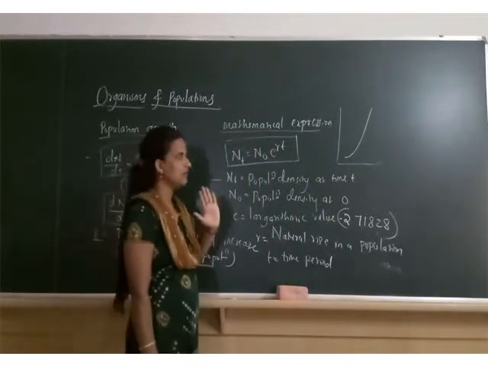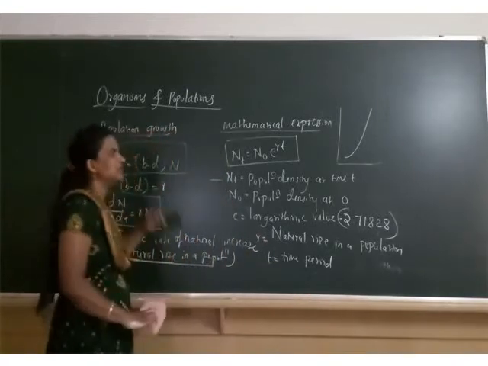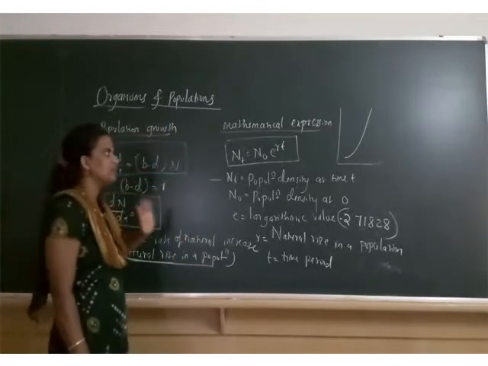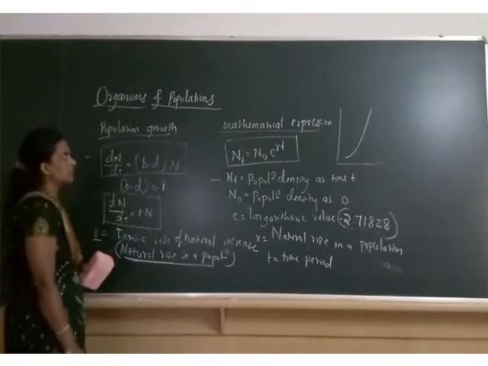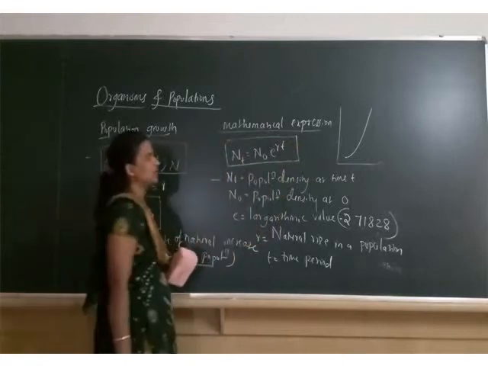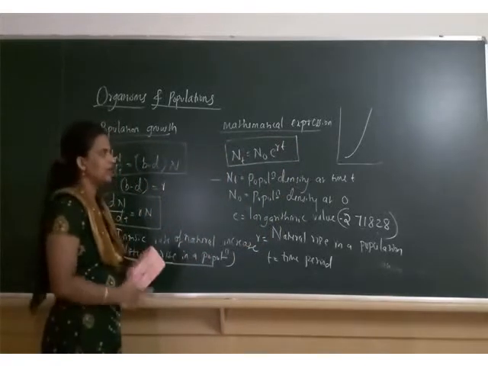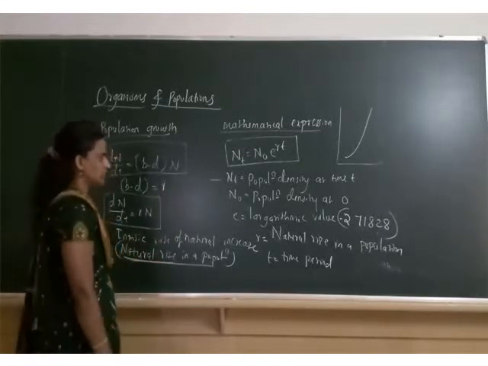Okay, that is the exponential growth curve. Exponential means fast growing, continuously growing. So that is called exponential growth curve. This is the simple formula and mathematical expression of the exponential growth curve. Okay, and it is very important for 3 or 4 mark questions.